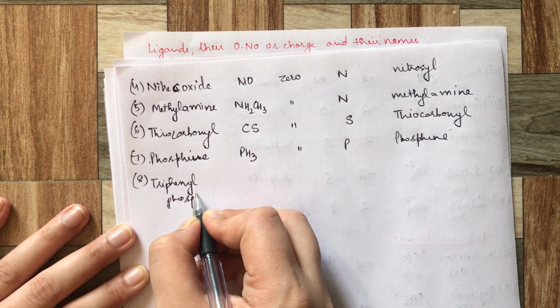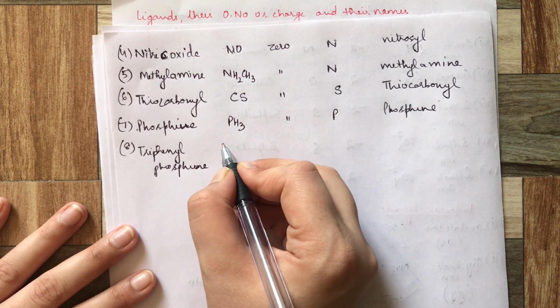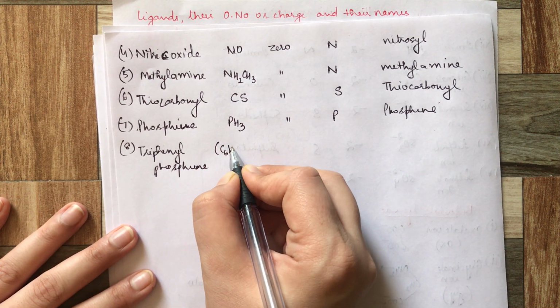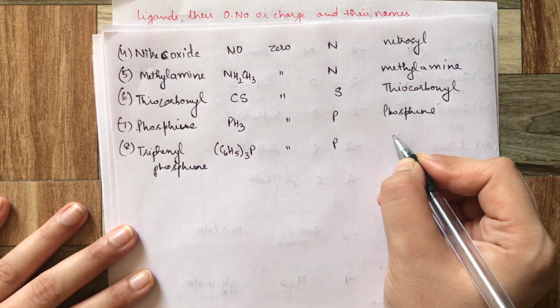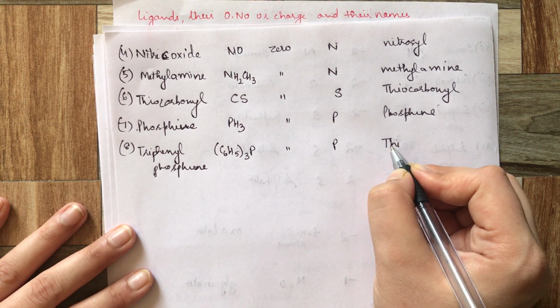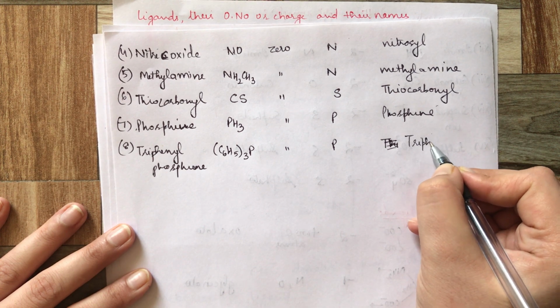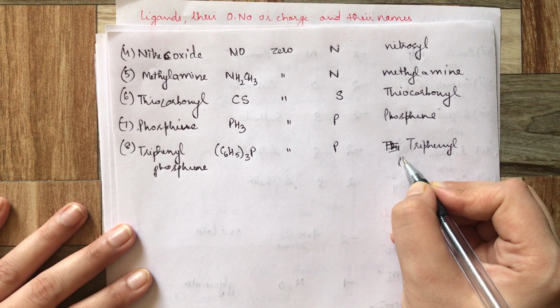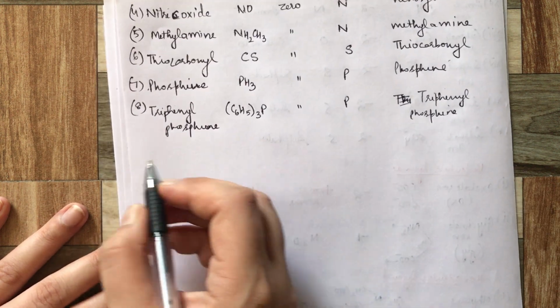Triphenyl phosphine means the hydrogens here are replaced by 3 phenyl rings. Charge is 0, donor atom is phosphorus, so it is called triphenyl phosphine.